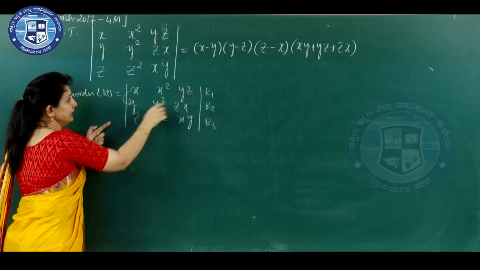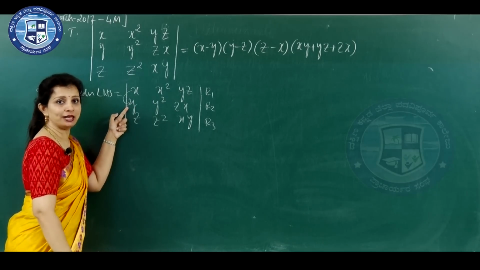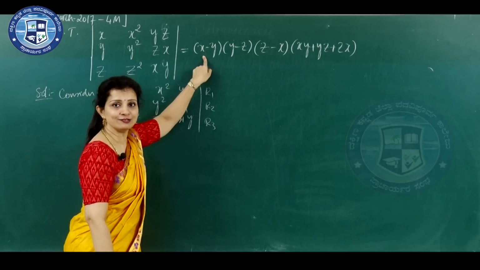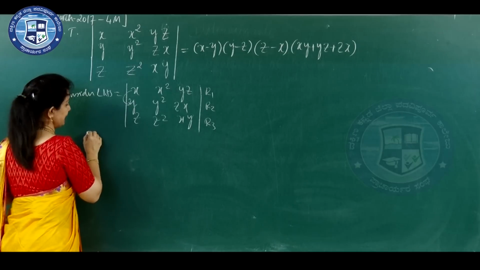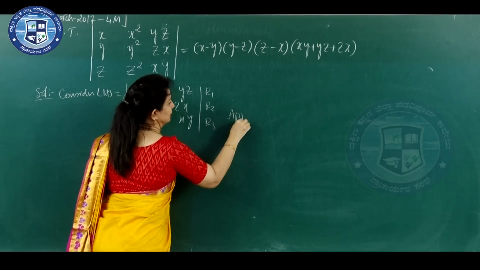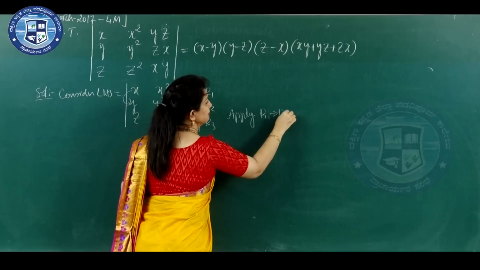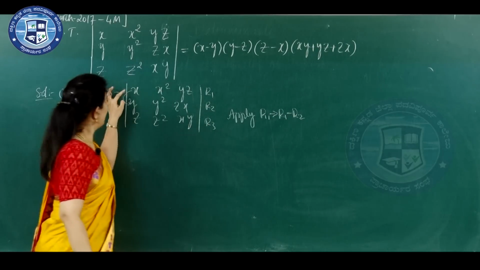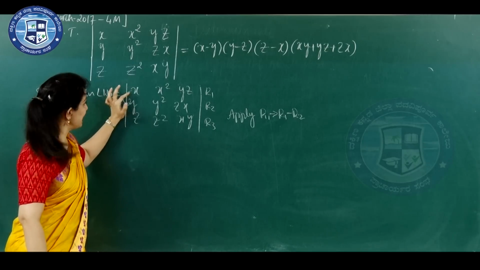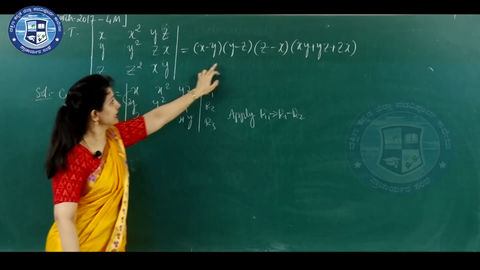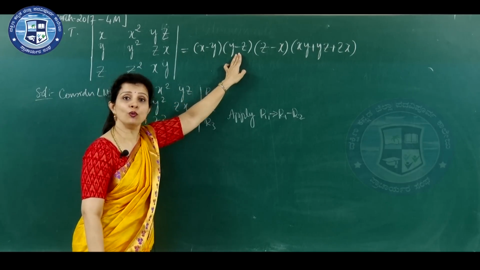So, we are subtracting R1 elements and R2 elements to get x minus y. So, first applying, what you can apply? R1 changes to R1 minus R2. Then, second factor, if you observe, it is y minus z.